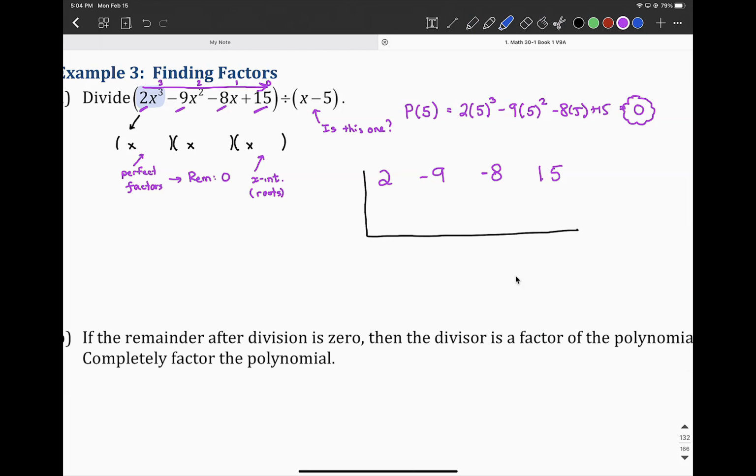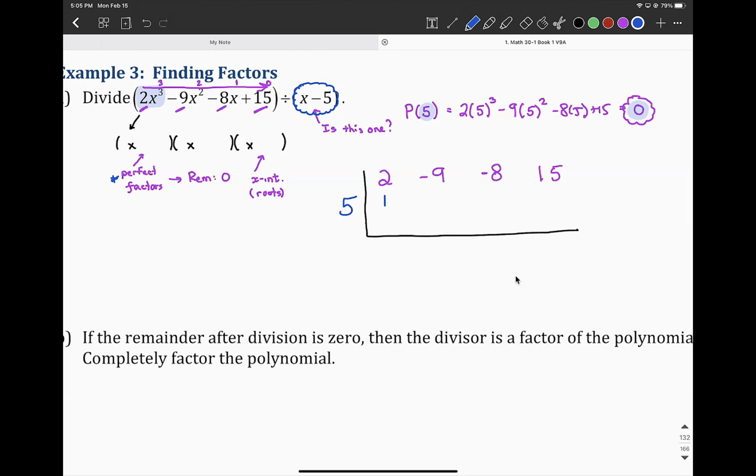Now, I am going to be matching this idea that P of 5 ended up being 0, and I'm going to be dividing by that 5 as well. Same thing. If this ends up being a factor, a perfect factor, then 5 will be the root, which is what we end up dividing by.